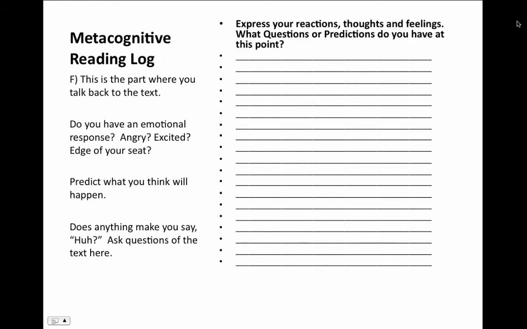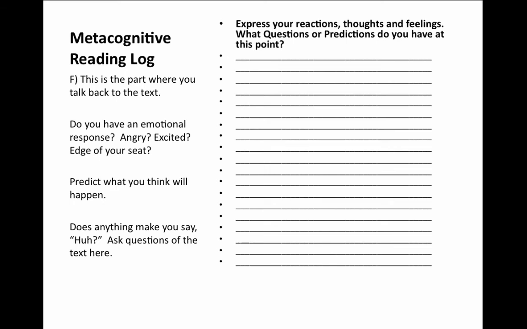The final section asks you to express your reactions, thoughts, and feelings. It asks what questions or predictions you have. This is where you talk back to the text. Do you have an emotional response? Some of these books have some tough subjects in them, so maybe something makes you angry, or maybe something excites you, or maybe it's a very suspenseful book and it keeps you on the edge of your seat.